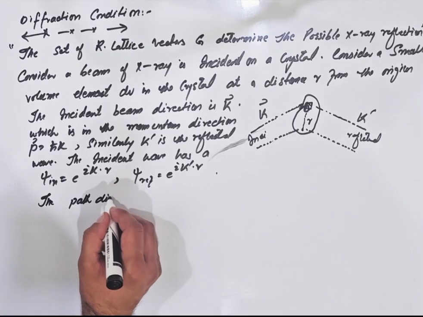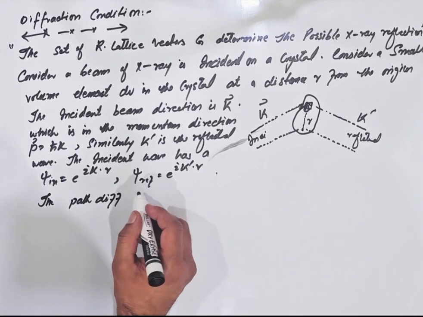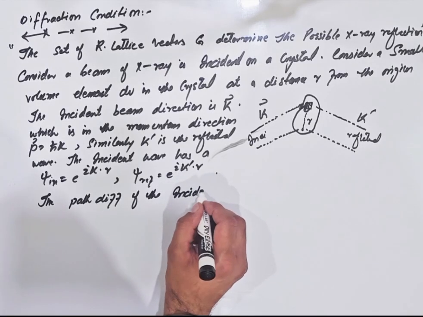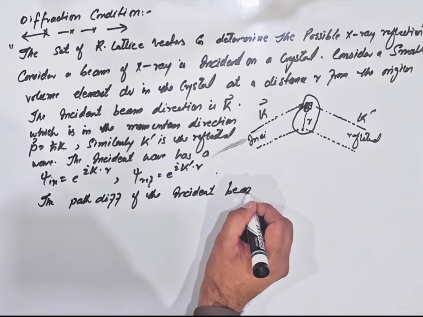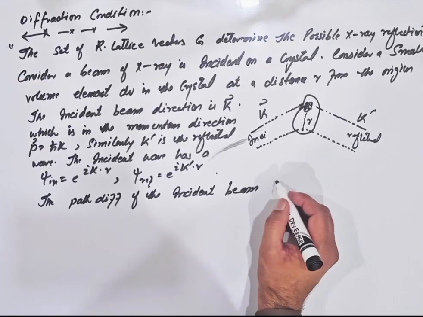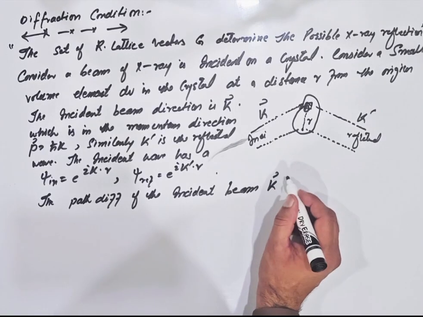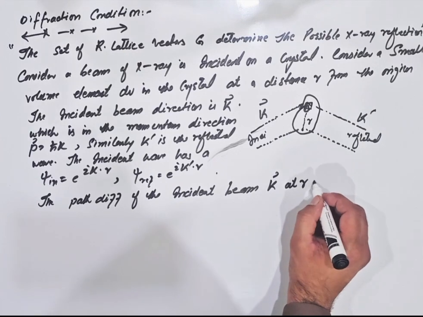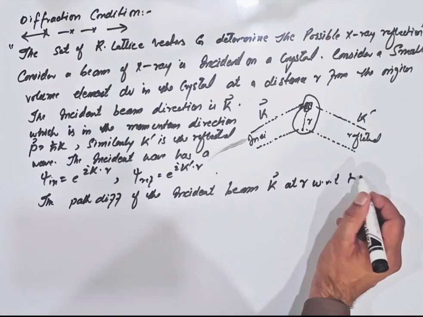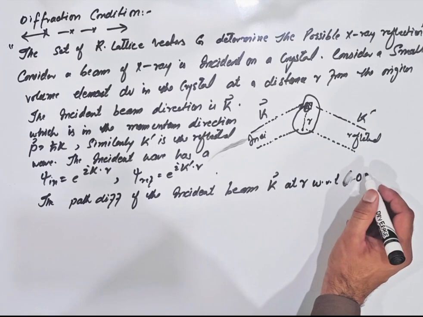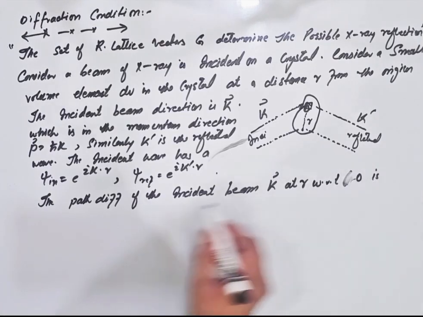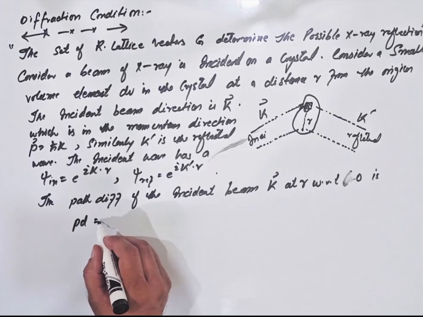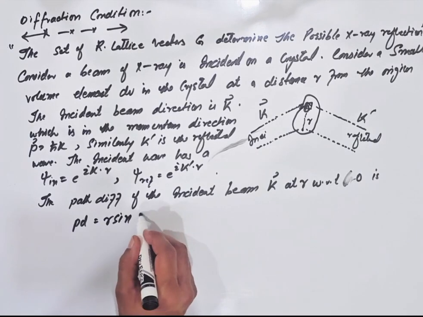The path difference of the incident beam k vector at r with respect to the origin O is r sine phi.